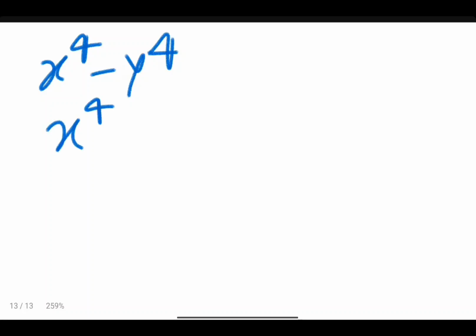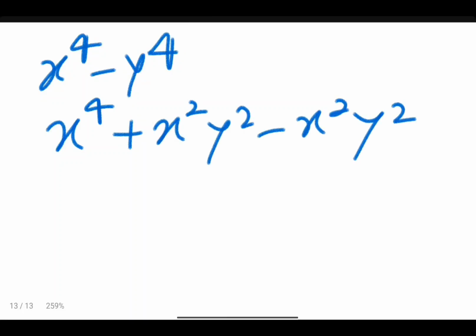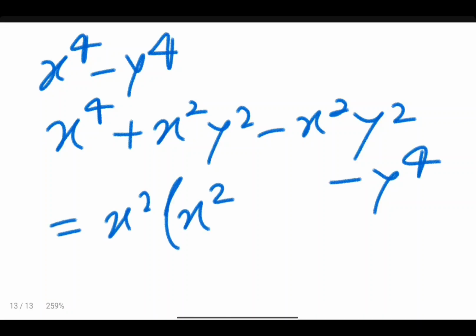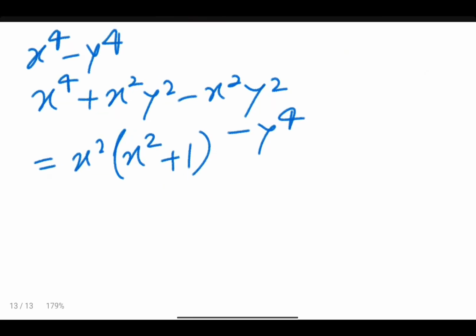X to the power 4 plus x squared y squared minus x squared y squared minus y to the power 4. I'm doing it fast because it's just to give you an example.